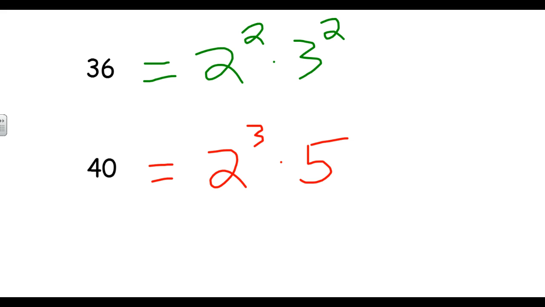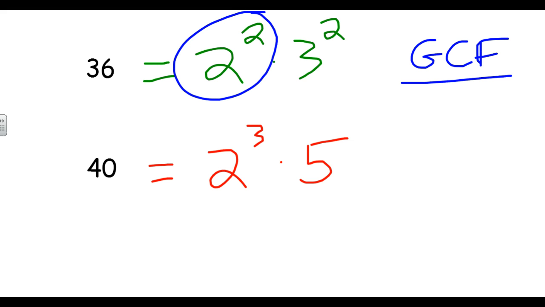When we find our GCF, we take the least number of each prime that we find. So the GCF is 2 2's, because between 2 2's and 3 2's, the least is 2. When it comes to 3's, 36 has 3's, but 40 doesn't, so they can't share any 3's. 40 has a 5, but 36 doesn't, so the GCF is just 4.